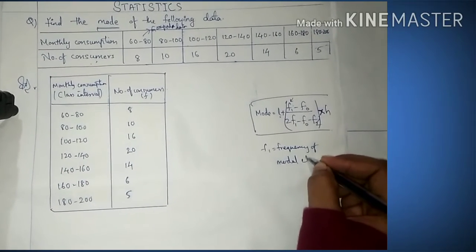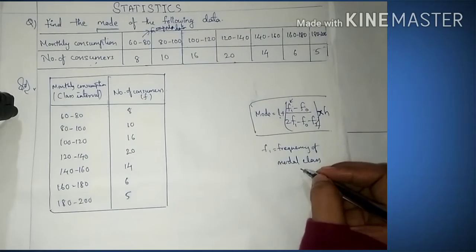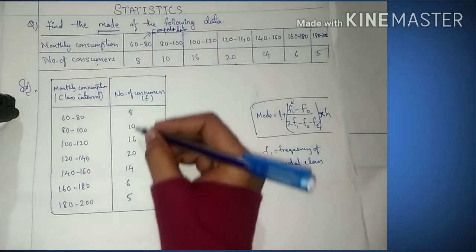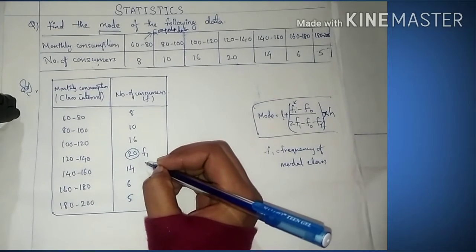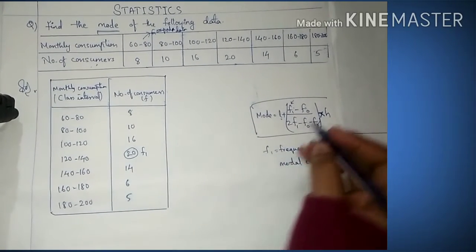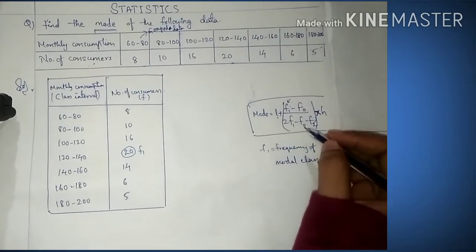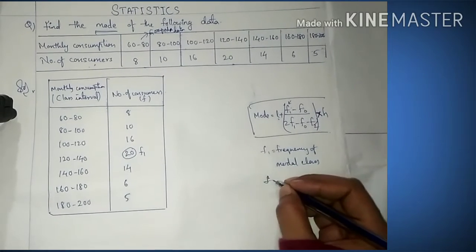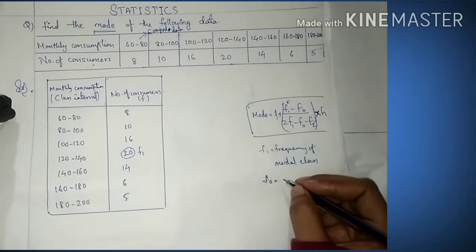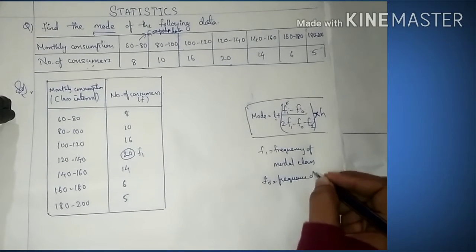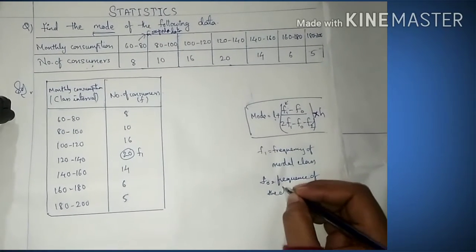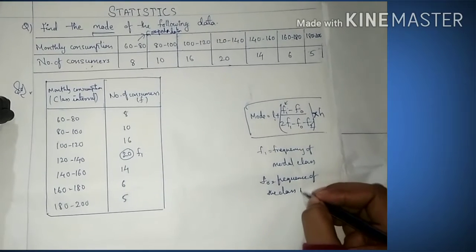Here first let us see what f1, f0, f2, L and h are. f1 is the frequency of the modal class. The highest frequency is 20, so 20 is f1, and 120 to 140 is the modal class. Now f0 is the frequency of the class preceding the modal class.